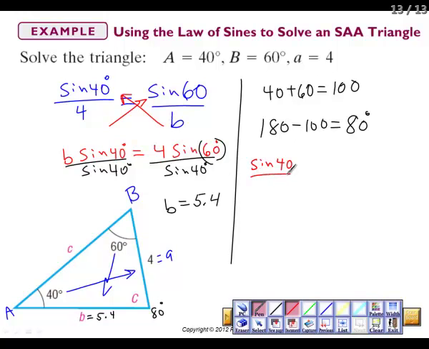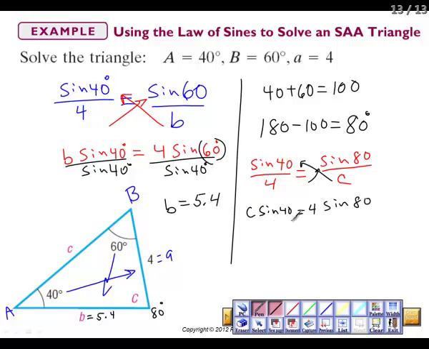Sine 40 over 4 equals sine 80 over C, and now we can find side C. So again, we're going to cross multiply. This will be 4 sine 80, and this will be C sine 40 degrees.